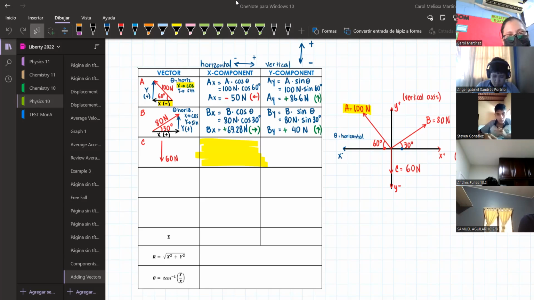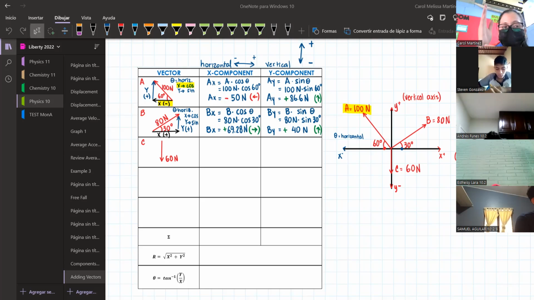Right or left? Or is it not moving horizontally? It's not moving horizontally. Exactly.